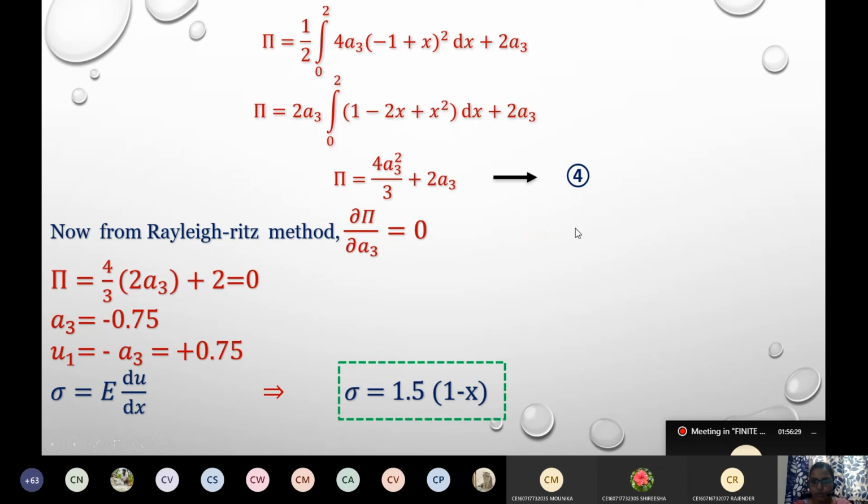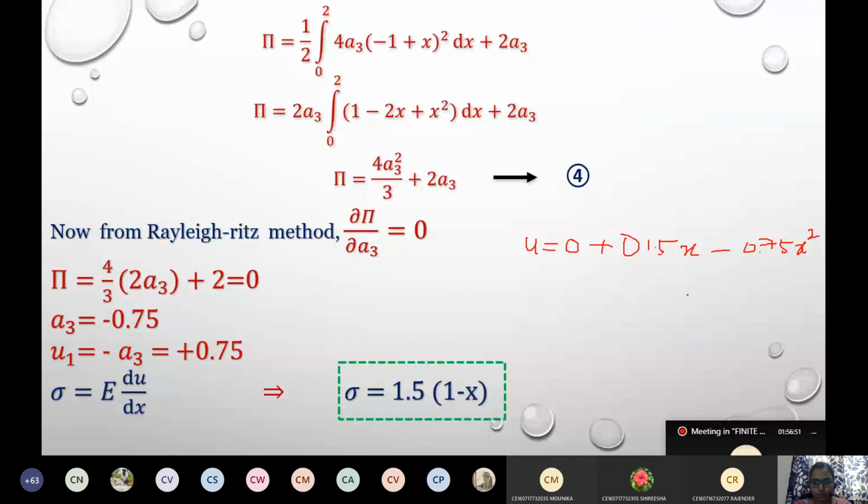U is equal to, if you substitute, A1 is 0, A2 is plus 1.5, so 1.5x minus 0.75 x square.